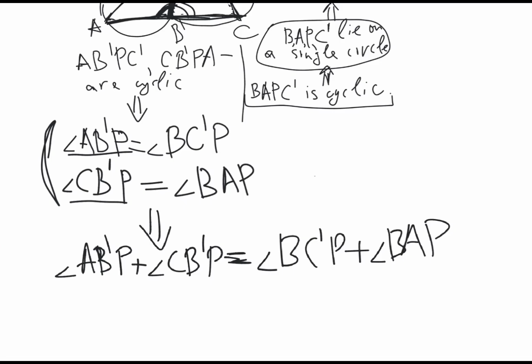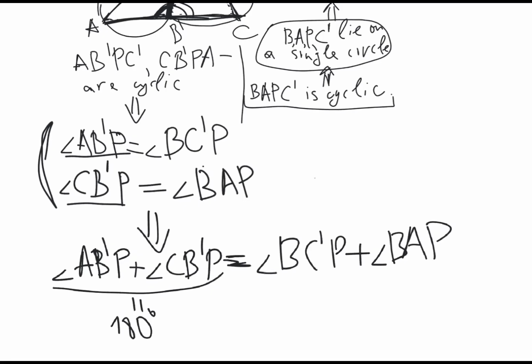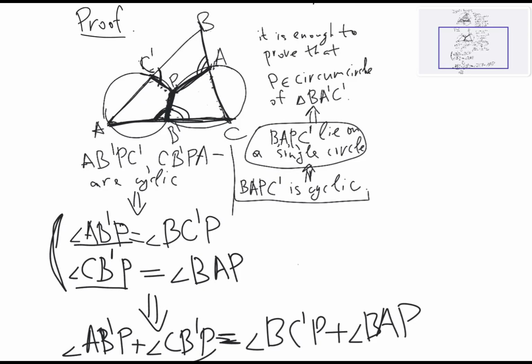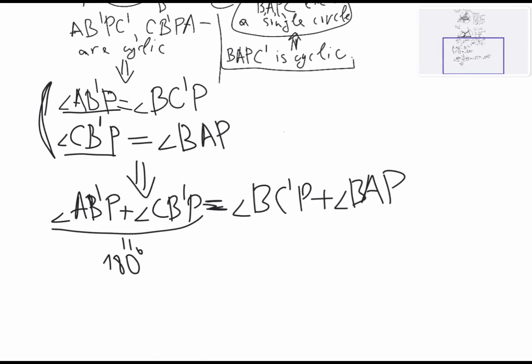Now on the left hand side, this is equal to 180 degrees, because it's the full angle, this AB prime P plus CB prime P. So it's the full angle, 180 degrees.